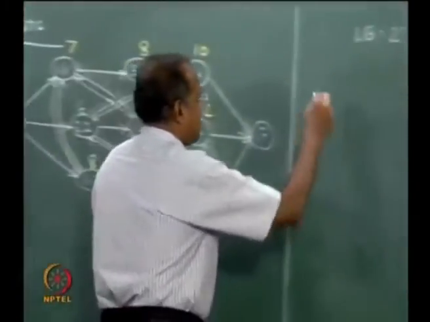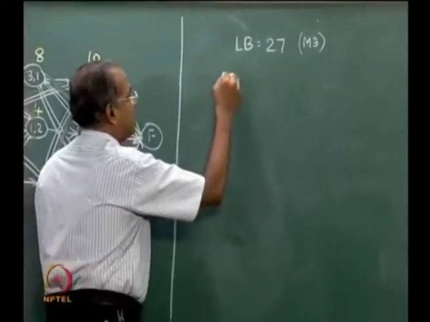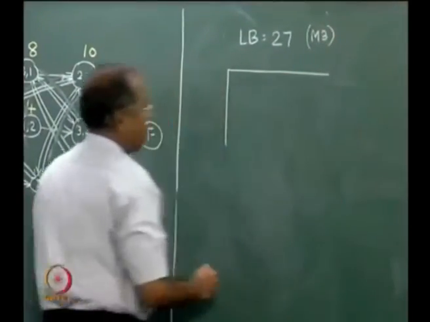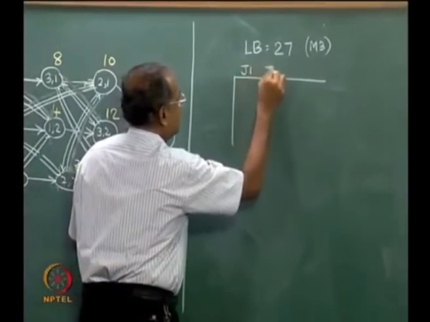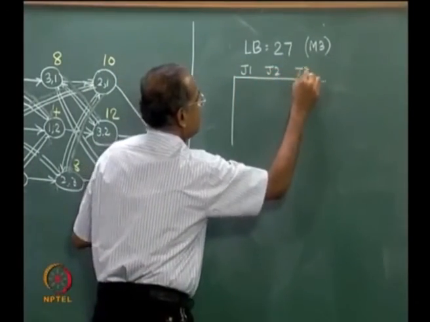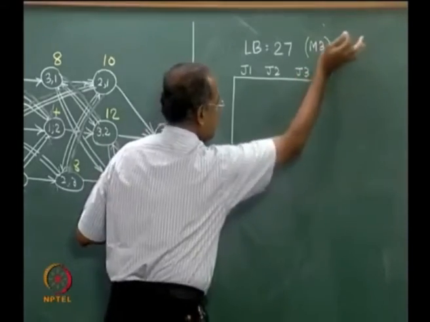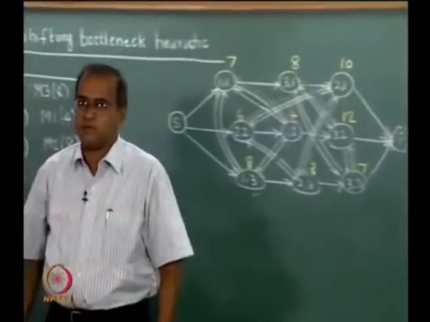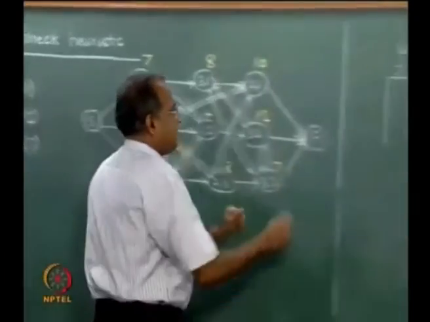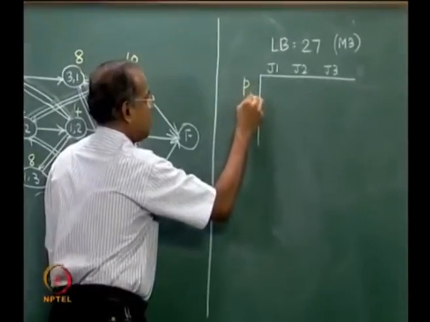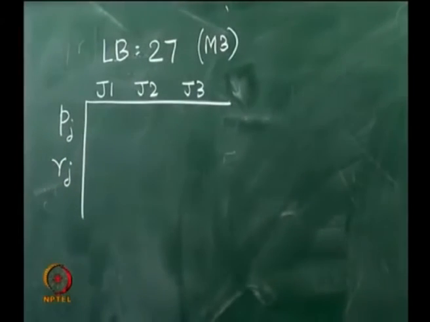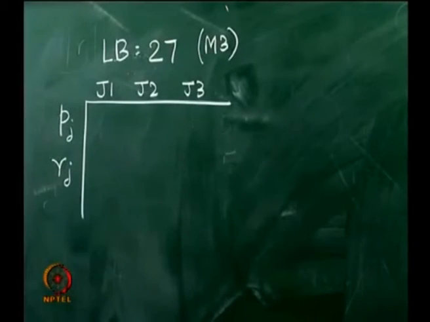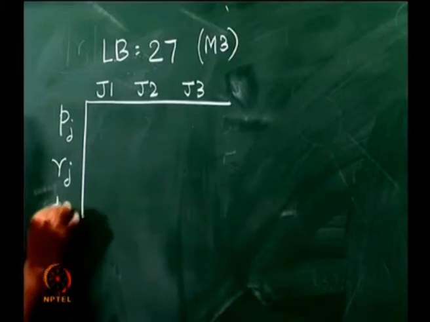So, let us now write the 1|rj|Lmax data for machine M3 with J1, J2, J3, because we have only 3 jobs. So, we have to write pj, processing time on machine 3, rj, release time or time at which the job is available, and dj, which is the due date.